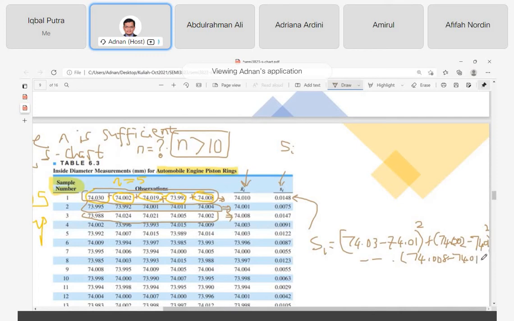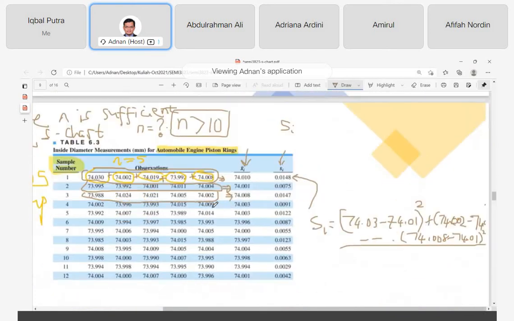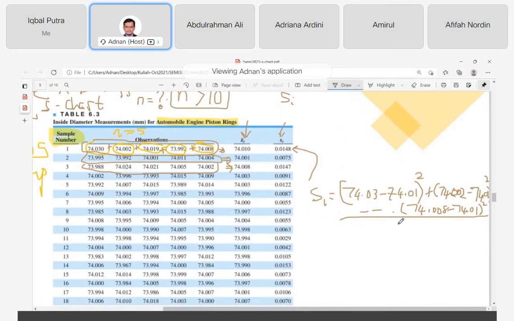Square that, and divide by n minus 1. In this case n is 5, so 5 minus 1. Now you get this as S1.